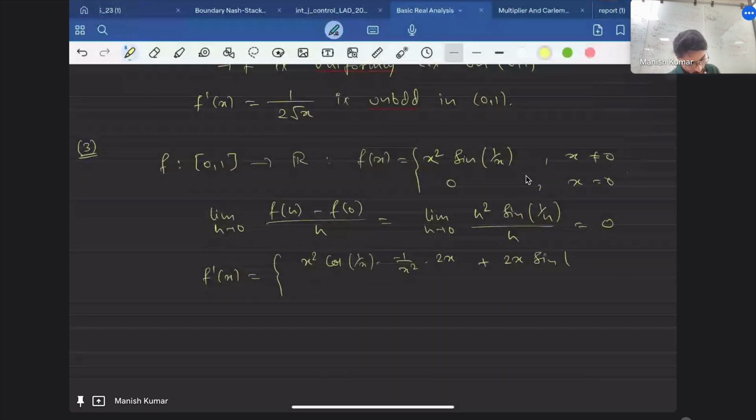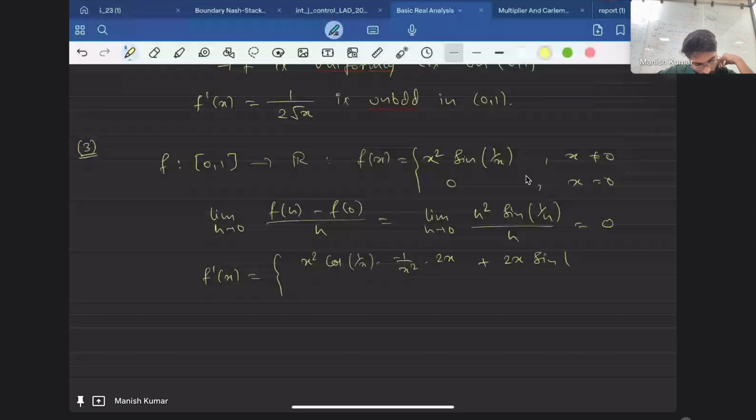Okay, so it would be 2x, but it seems to be continuous. This is continuous.